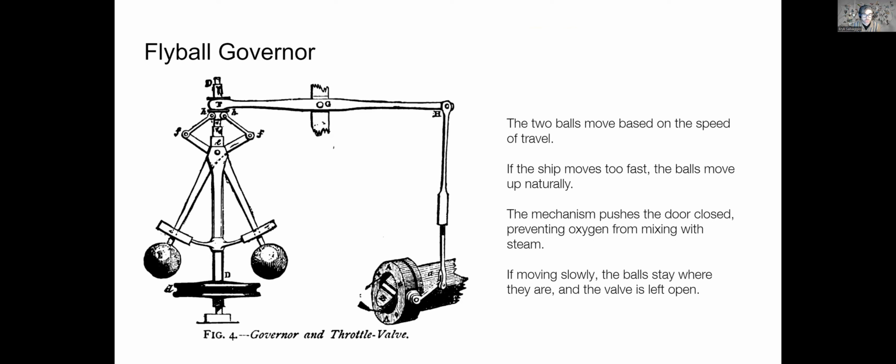If the boat's moving too slow, the wheel would spin slower, and so the mechanism would allow oxygen into the steam engine, speeding it up. And this was a self-regulatory cycle. It comes from a mechanical history, but would quickly come to define the way computers would be built, and especially shape the early field of what we would call artificial intelligence. Because in essence, this was a machine that could figure something out on its own.